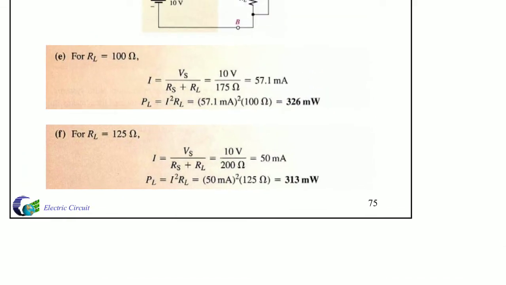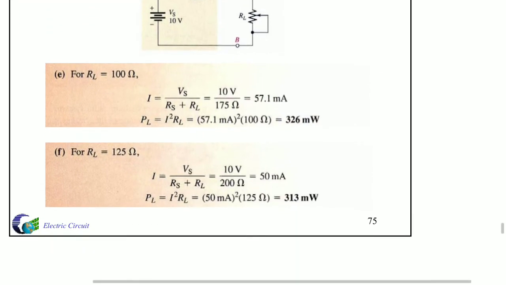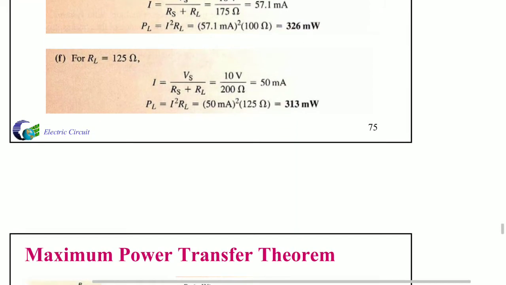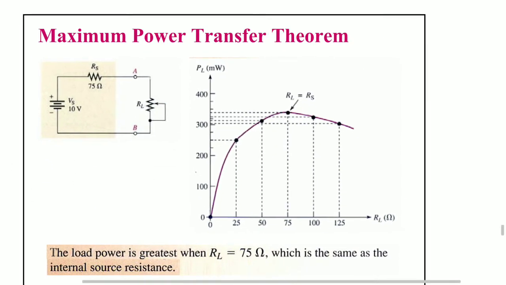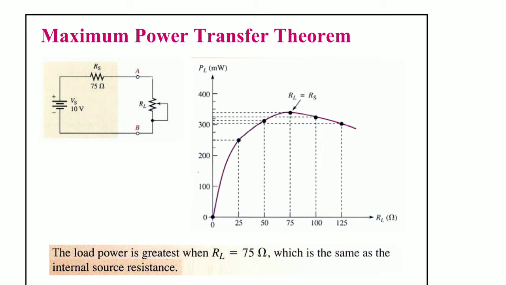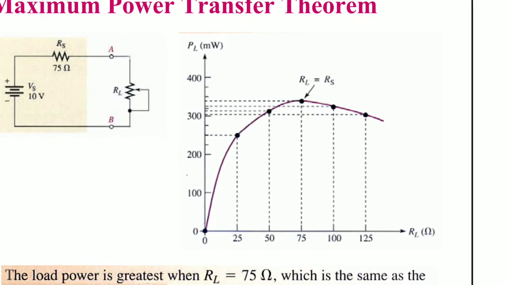From this variation of load resistance, we have to observe what happens here. At 0 load resistance, the power is 0, and at a load resistance of 25 ohms, the power is more than 200 milliwatts.